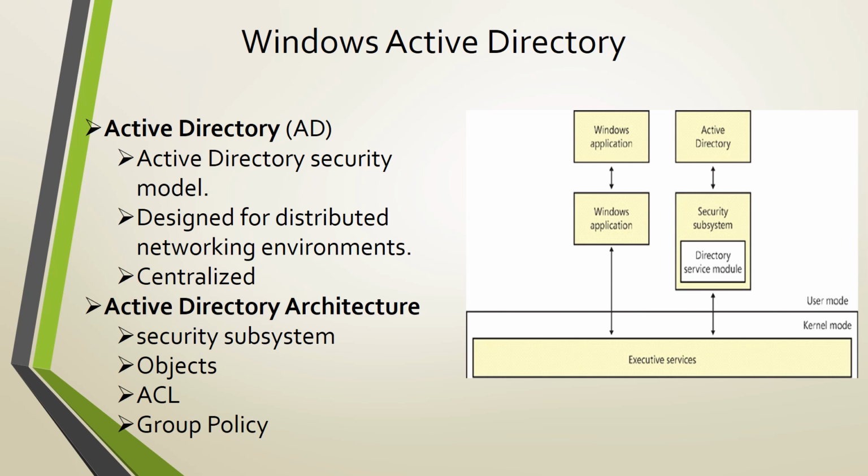Anyone who tries to gain access to an object must be granted permission first, and a list of permissions that describes who can and who cannot access an object is referred to as an access control list. Each object in the directory has an associated access control list.